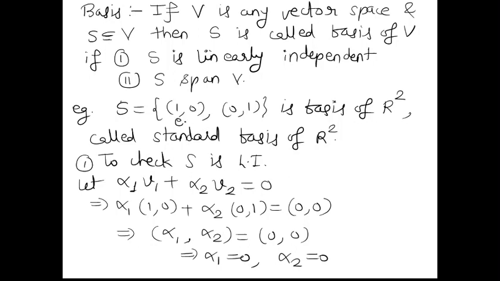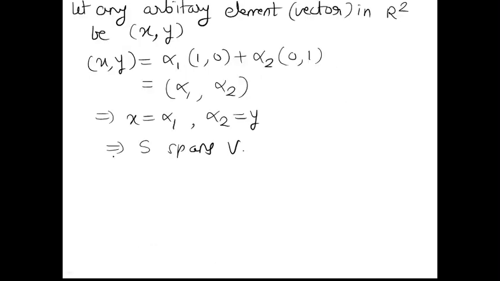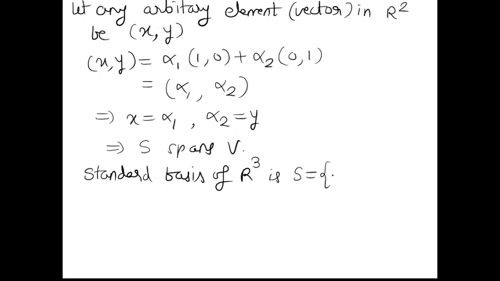Usually we denote these standard basis elements (1,0) and (0,1) by E1 and E2. So E1 means (1,0) in R2, and E2 means (0,1). Similarly, what will be the standard basis of R cube? The standard basis of R cube is the set S having the elements E1, E2, E3.